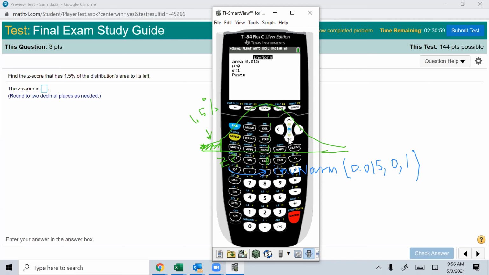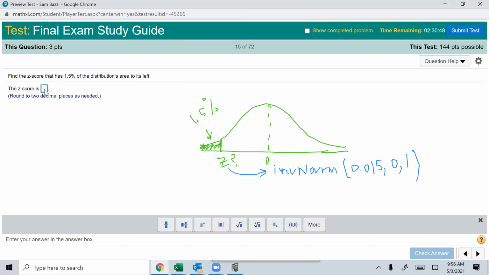And that's it. You don't do anything else. Just leave the rest alone. And it's negative 2.17. And it does make sense. It is negative and it's toward the far left. So it's negative 2.17. There you go. Let's move on.